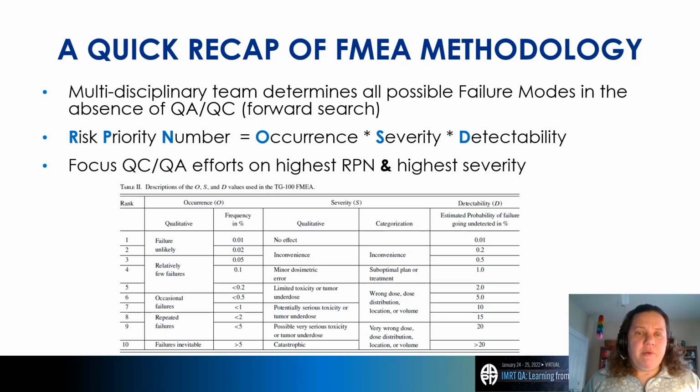And you multiply these three numbers to get a risk priority number. What you then do is you sort these risk priority numbers, and you focus your QC and QA efforts on the highest risk priority numbers, and in our specific field also on the high severity events, those catastrophic errors.